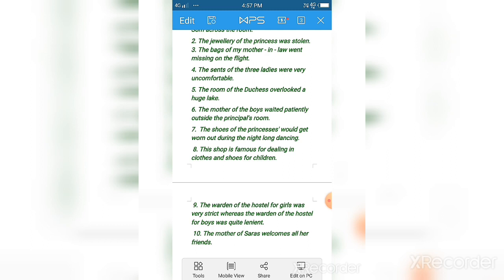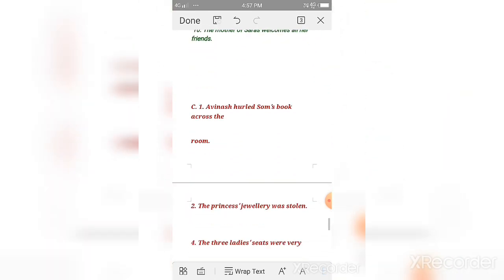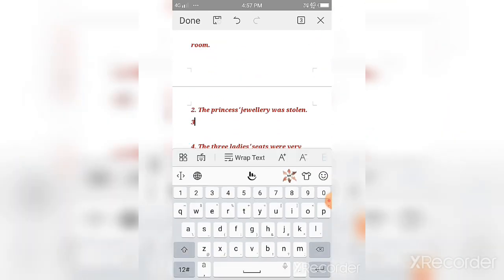The seats of the 3 ladies, that was the question.